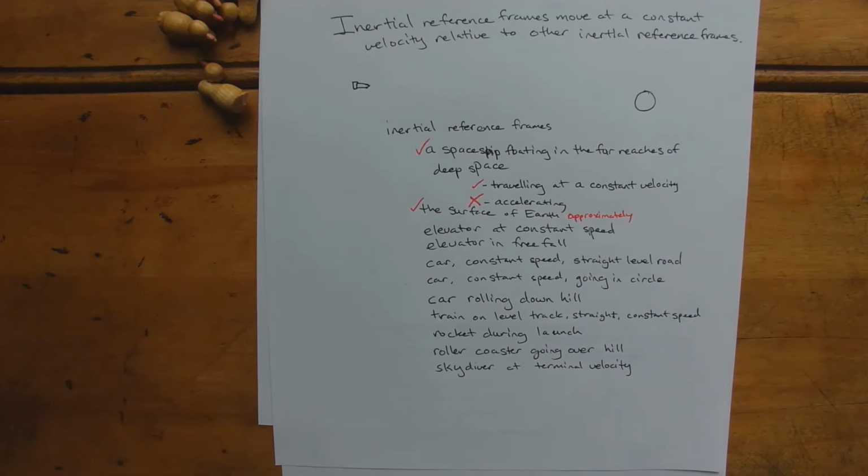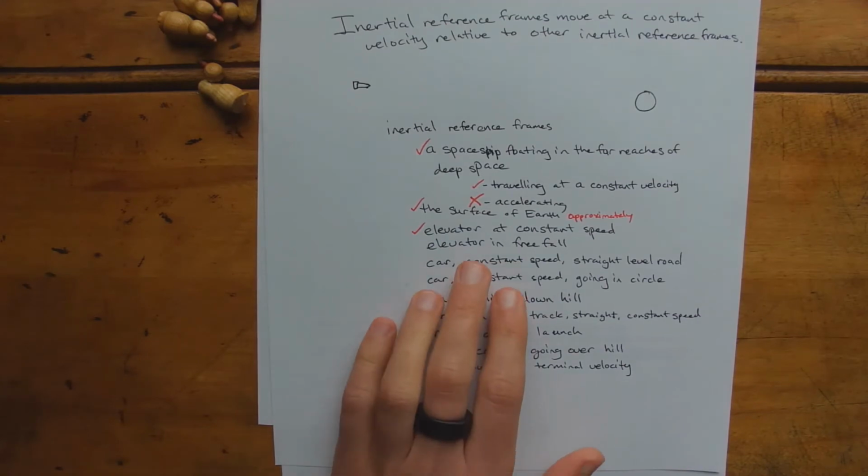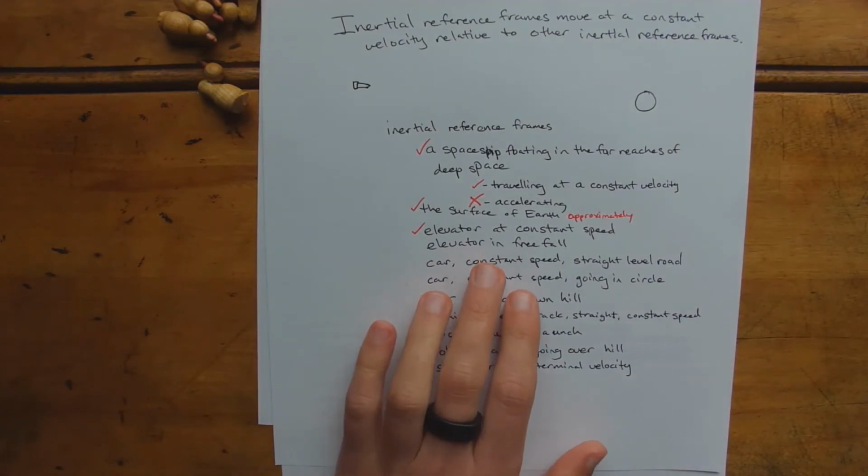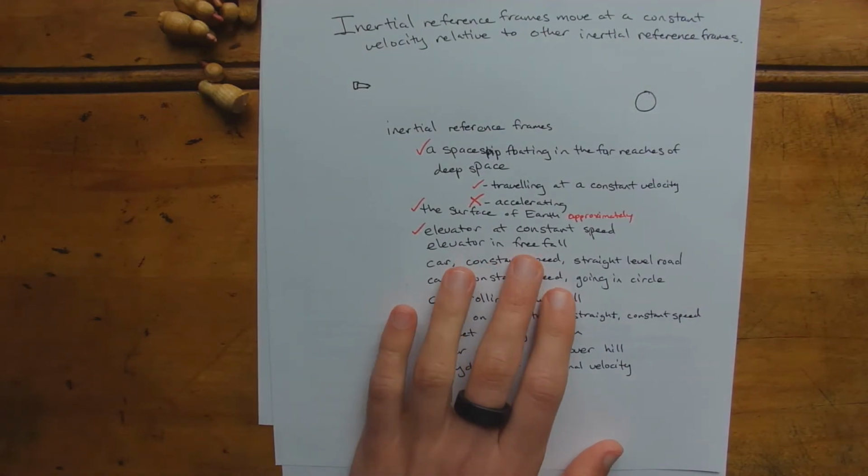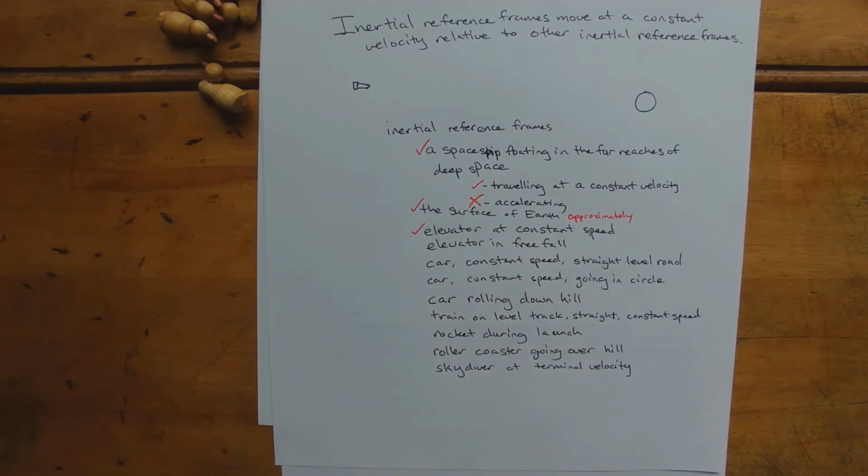If you have an elevator going at a constant speed, that would be at a constant speed relative to the surface of the Earth, so that would be an inertial reference frame. If you have an elevator in free fall, or an elevator which is speeding up or slowing down, you are going to notice that things are different. If the elevator is speeding up or slowing down, you will feel either lighter or heavier.